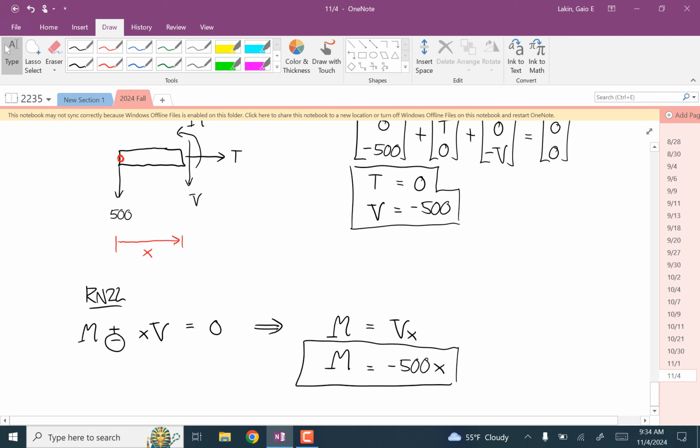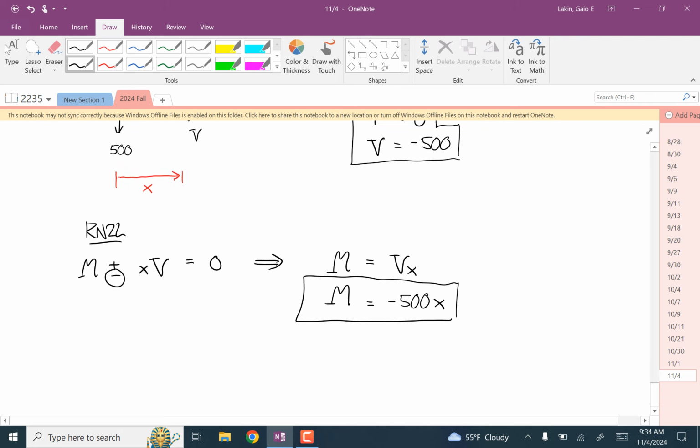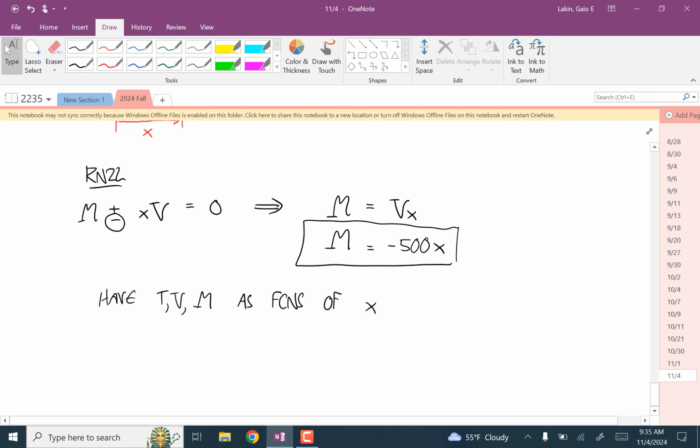Okay, so now we have T, V, and M as functions of x, but only for x on the left half of the beam.